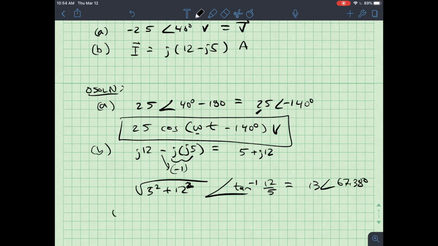So I can just write the sinusoid form. It's equal to the magnitude 13 cosine of, again, no omega is given, so we'll just use the symbol omega, times t plus 67.38 degrees amps.